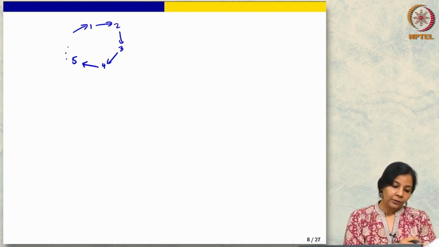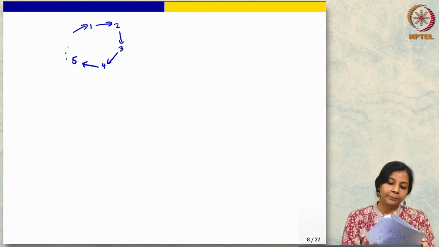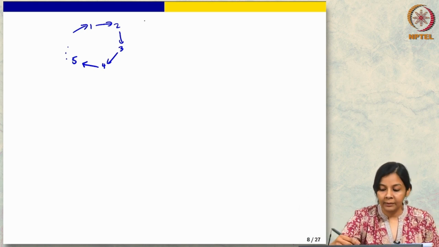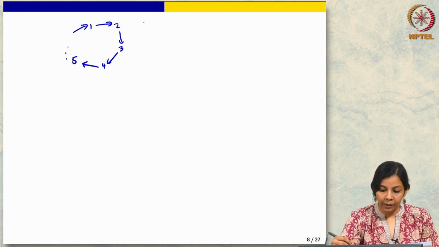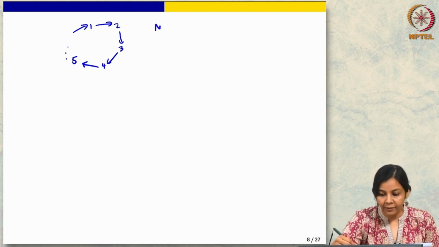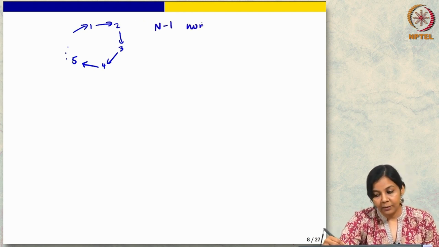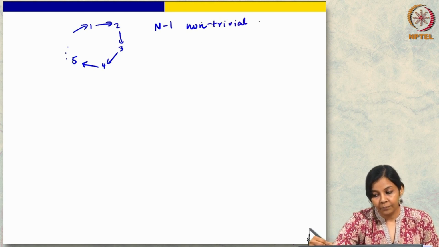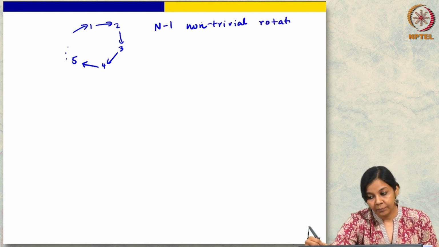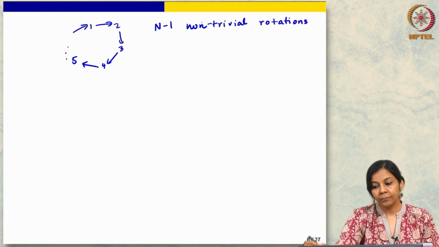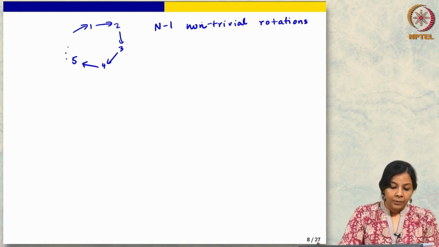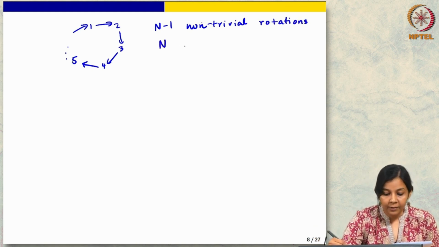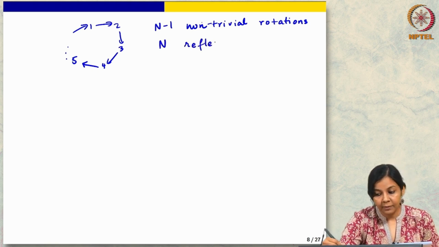So these are the automorphisms. Okay. So I have n minus 1 non-trivial rotations, and I have n reflections.